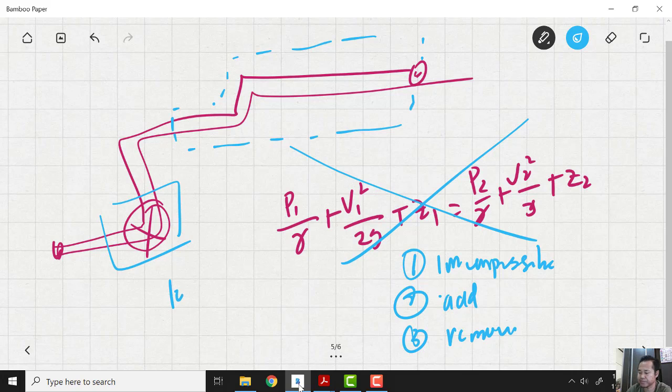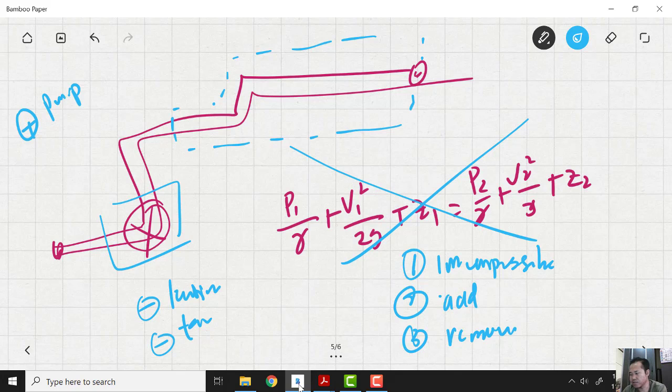For example, a turbine or a fan. A pump is the device that adds energy to the fluid, so that is plus energy, and minus energy for the turbine and fan. So when using the Bernoulli equation, the fluid must be incompressible, and no energy-adding or energy-removal device can be involved.